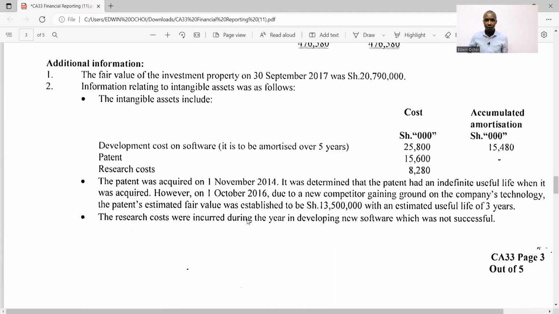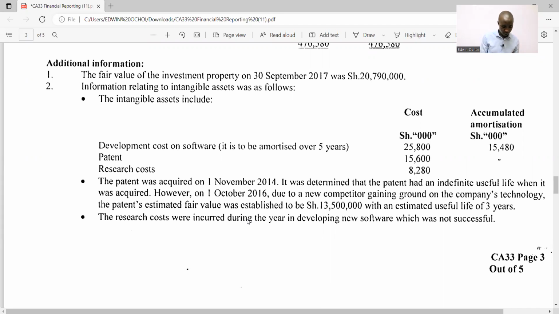Then we do classification of our expenses according to the functional basis of presenting expenses: administrative, selling and distribution, finance cost, and cost of sales.